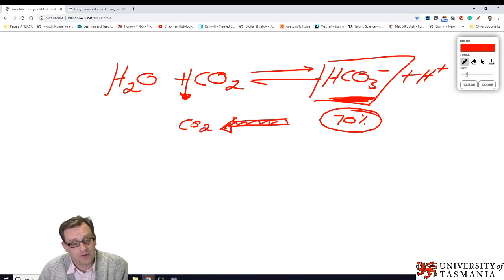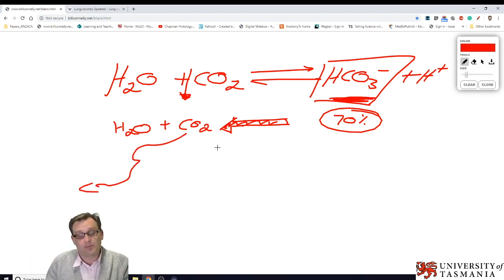So the bicarbonate will get turned back into carbon dioxide and water, and we will blow off the carbon dioxide, right? So that will then be breathed out. The carbon dioxide levels will decrease, and then the hemoglobin will bind onto the oxygen.